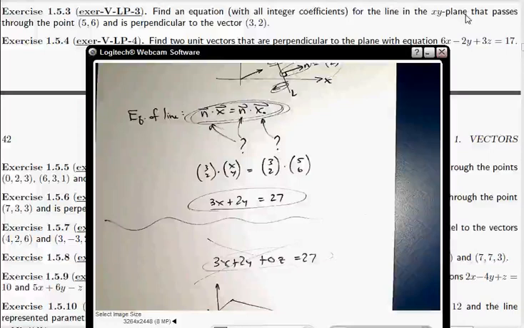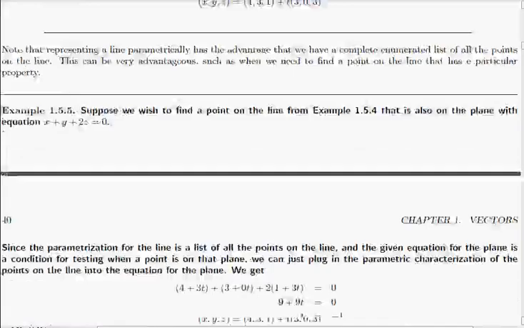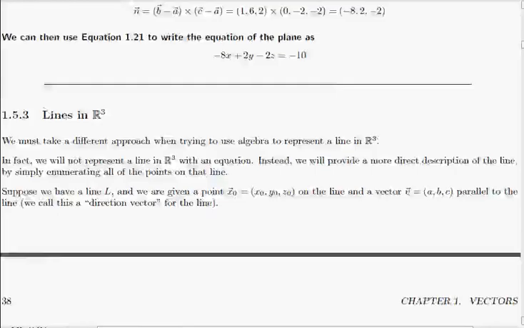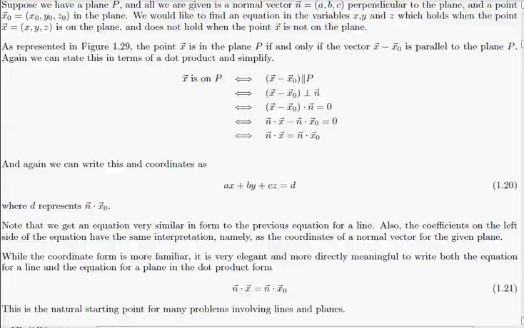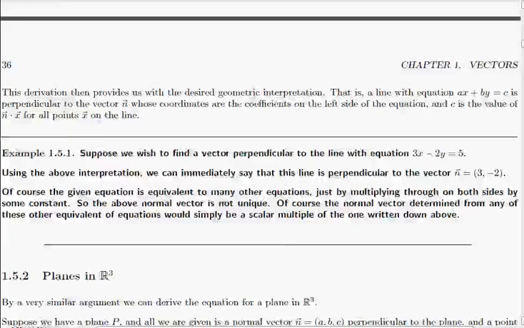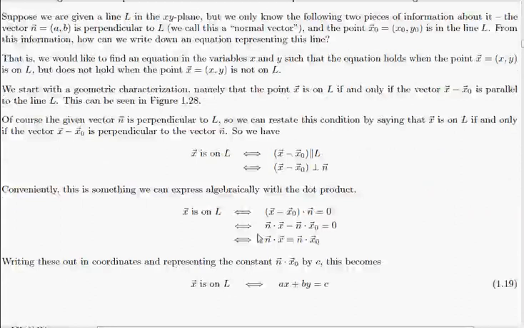That's right. And this is in the book back here. Let me just flip back here real quick. So here's the equation of a plane, and you're right that it looks practically exactly like the equation of a line in R2.